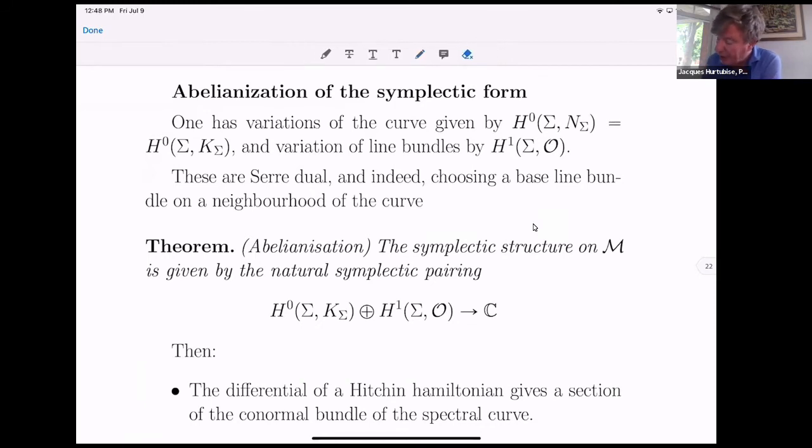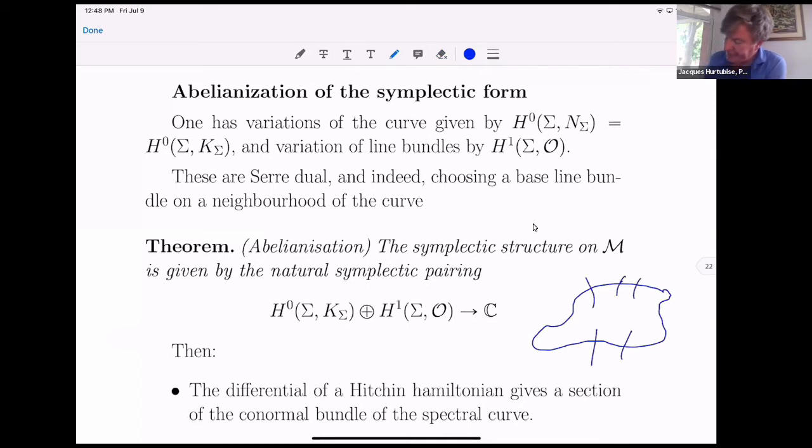And the way you can think of it is that, well, say you've got spectral curves here, you've got a line bundle on it, and you think of the line bundle as being determined by a divisor, just extend the divisor a little bit to a neighborhood.